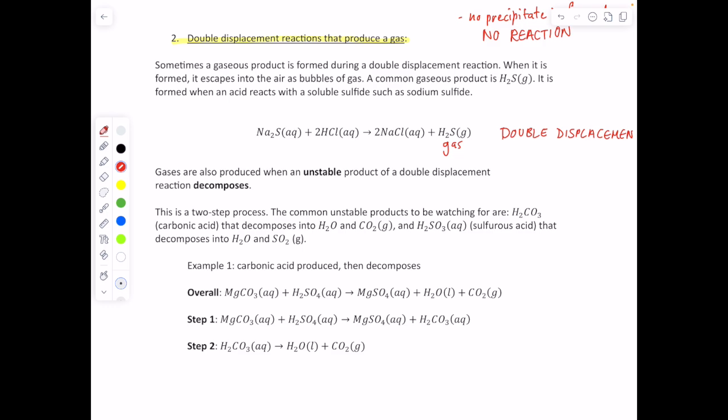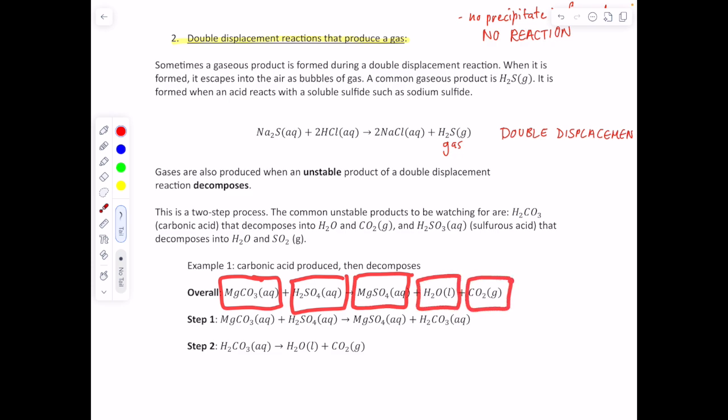Example number 1. The overall equation is magnesium carbonate and sulfuric acid undergo a double displacement reaction to produce magnesium sulfate, H2O, and CO2 gas. The first step happens because we produce magnesium sulfate and H2CO3.